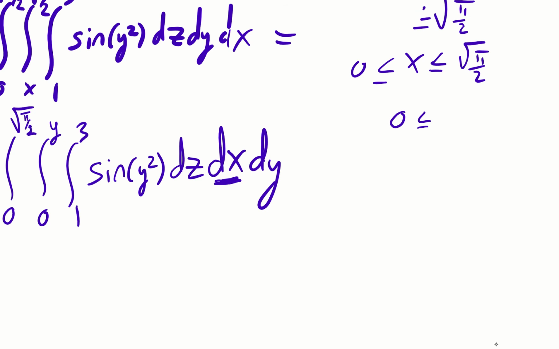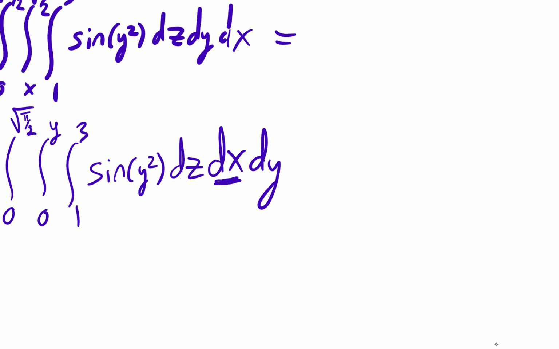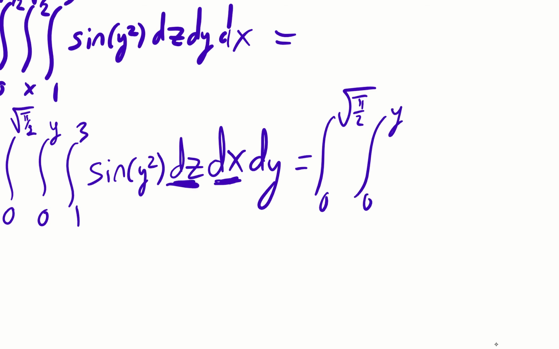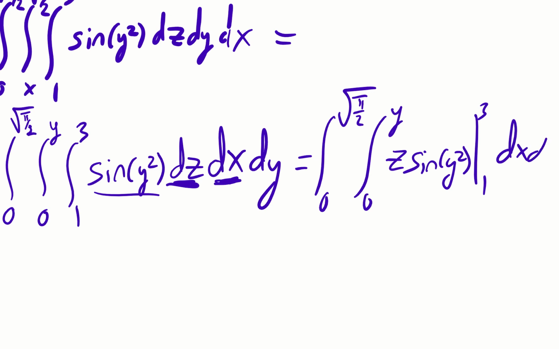So we can change the order of integration, and let's see how this impacts our ability to find this antiderivative. This will be the integral from 0 to the square root of pi over 2, the integral from 0 to y. With respect to z, sine y squared is a constant, so that antiderivative is z times the sine of y squared, which we'll evaluate from 1 to 3, and then dx dy.